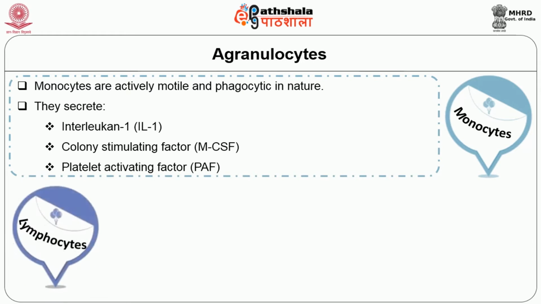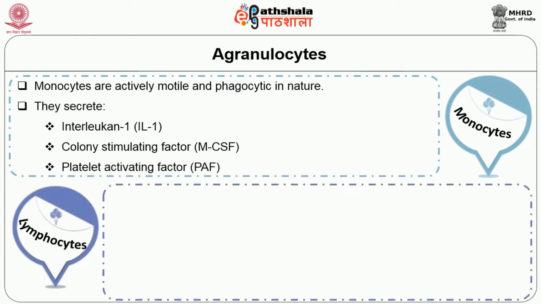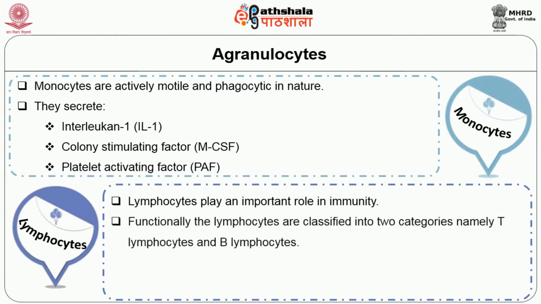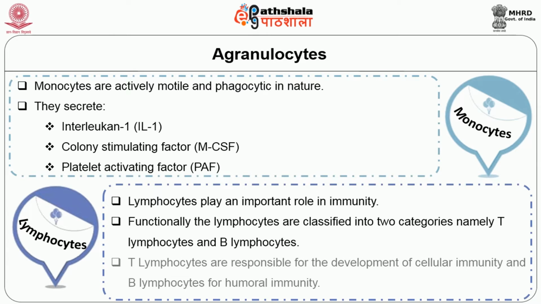Next, the lymphocytes. Lymphocytes play an important role in immunity. Functionally, the lymphocytes are classified into 2 categories, namely T lymphocytes and B lymphocytes. T lymphocytes are responsible for the development of cellular immunity, while B lymphocytes for humoral immunity.